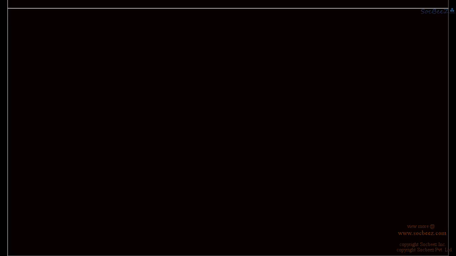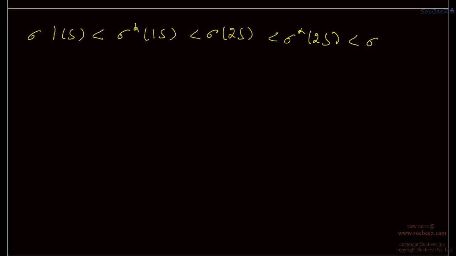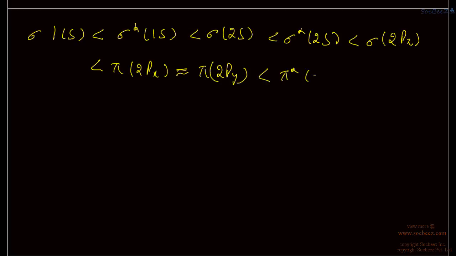So molecular orbitals are arranged as sigma 1s, sigma star 1s, sigma 2s, sigma star 2s, sigma 2pz, pi 2px, whose energy is almost equal to pi 2py, and then pi star 2px, whose energy is almost equal to pi star 2py.